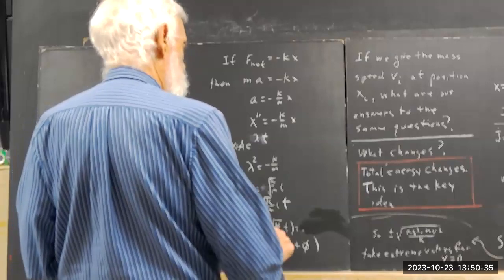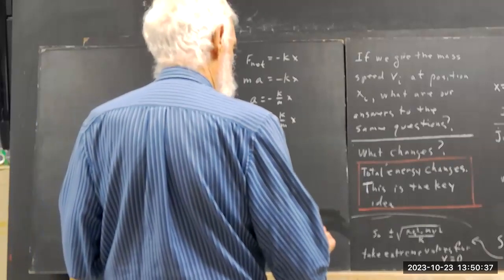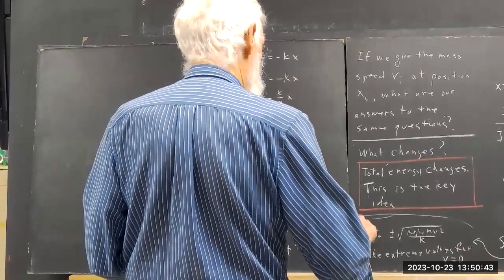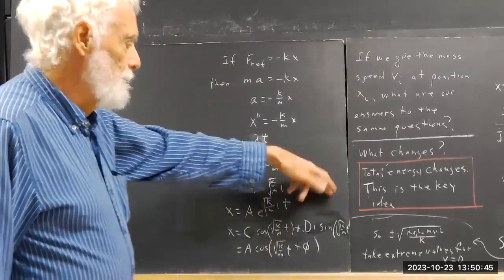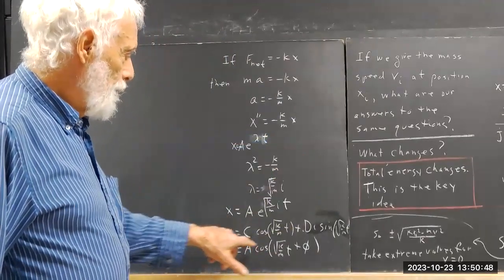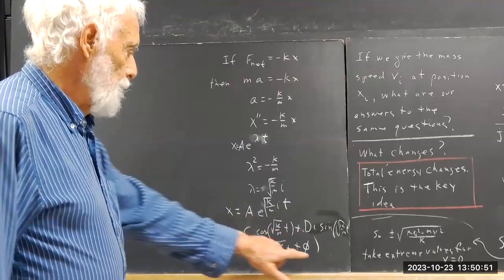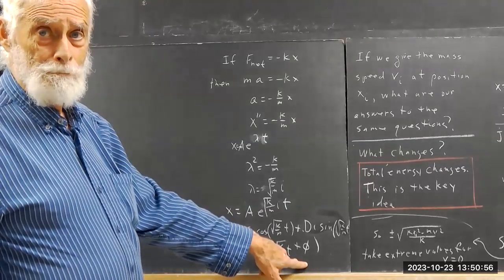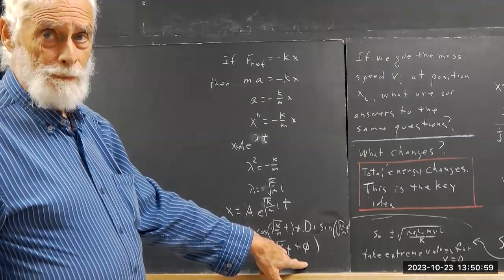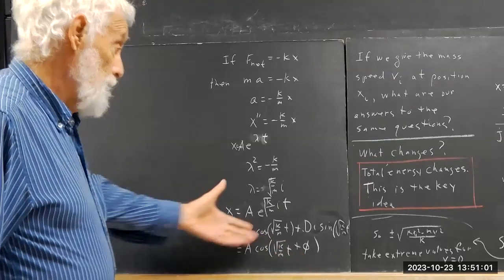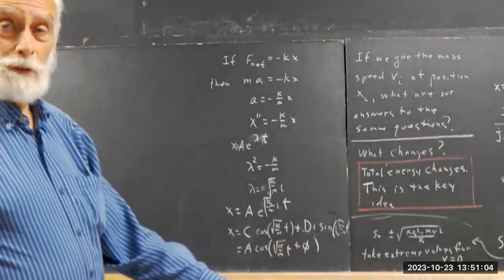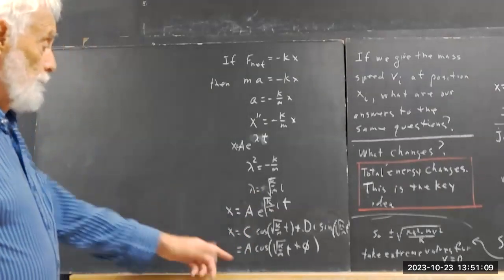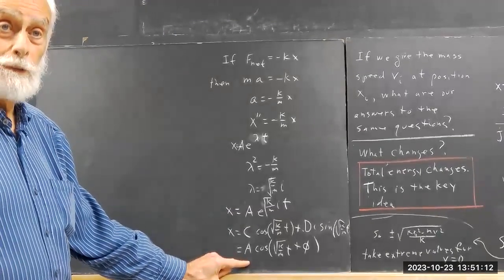I'm going to make it C cosine of this plus D times i sine of this. And now, using the combination of angles formulas, I can combine the C and the D into an A with a phase shift phi. You saw that in differential equations, didn't you? Maybe not. But anyhow, we'll do this second semester when it becomes important. I mean, it's important already, because that's your general equation of simple harmonic motion.